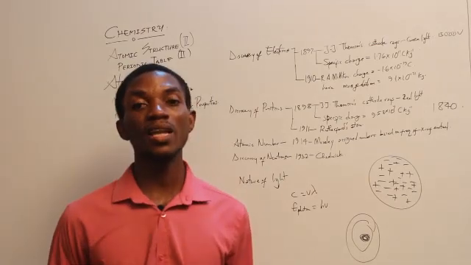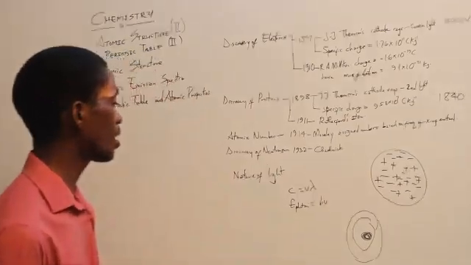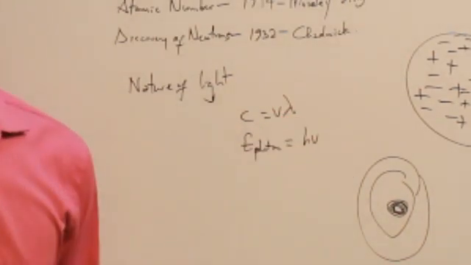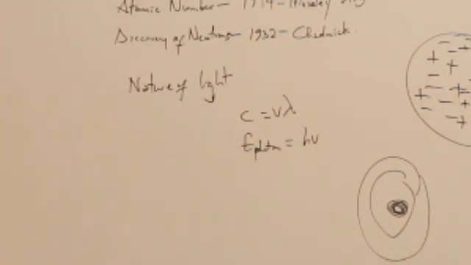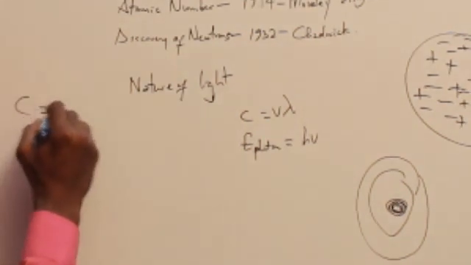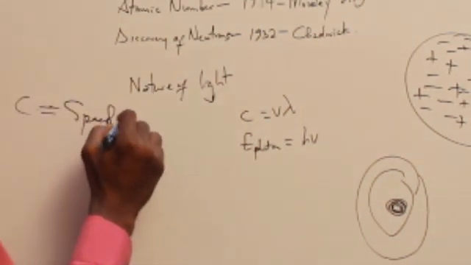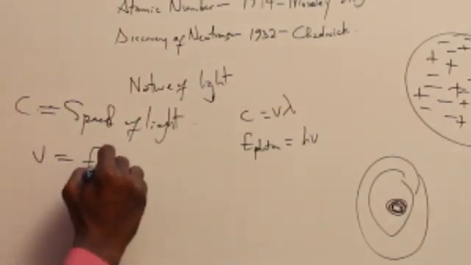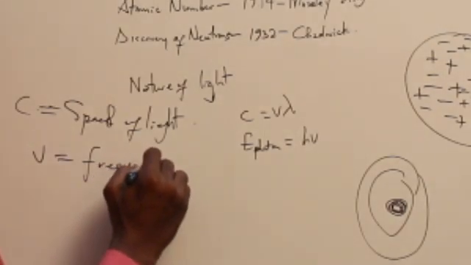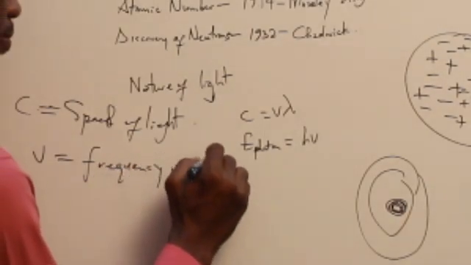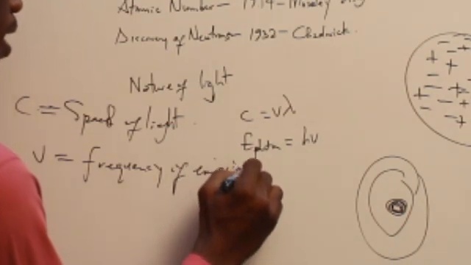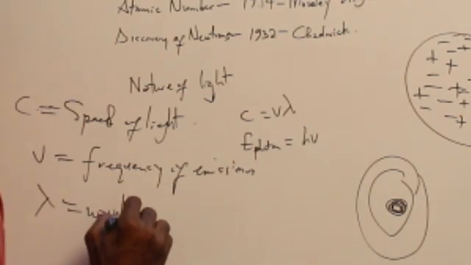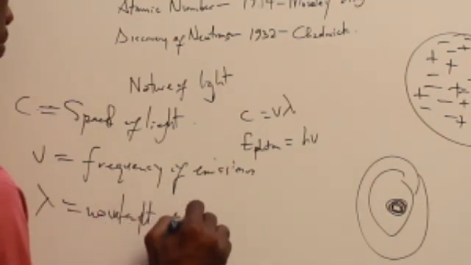While describing light as a wave, we come up with the formula c = vλ, where c is the speed of light, v is the frequency of emission, and λ is the wavelength of emission.